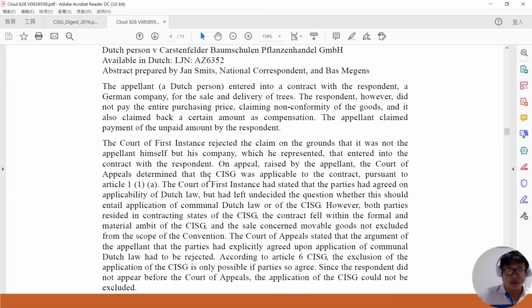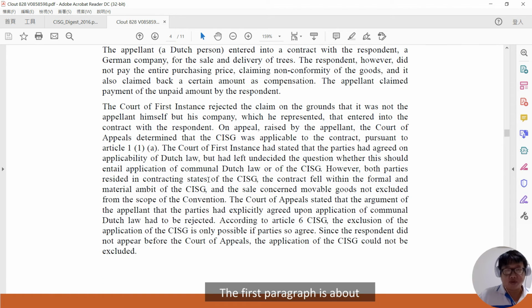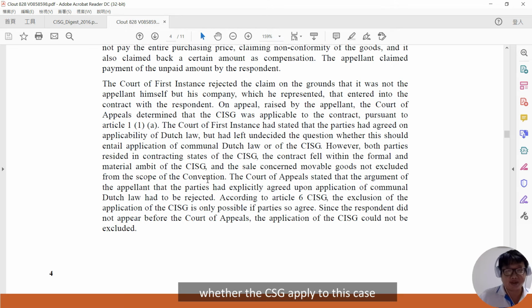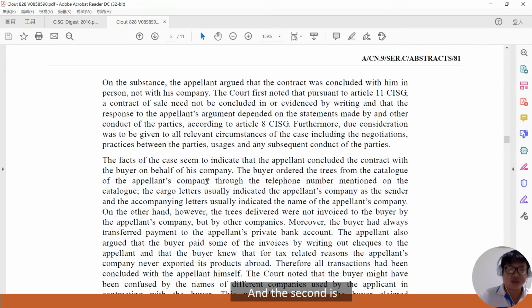So the first issue is whether the CISG applies to this case, and the second is who the real seller is.